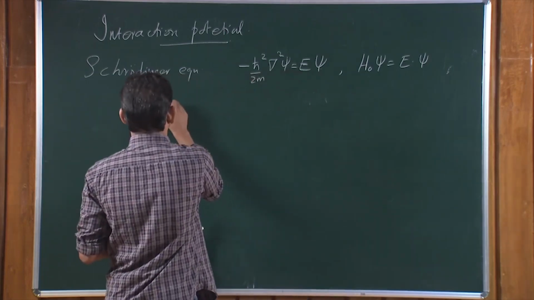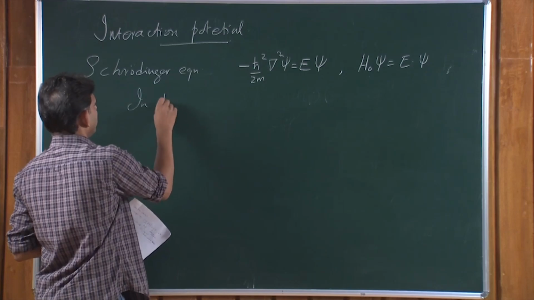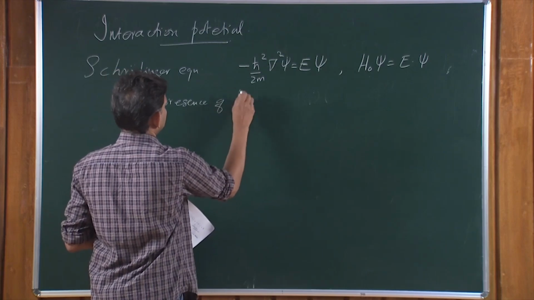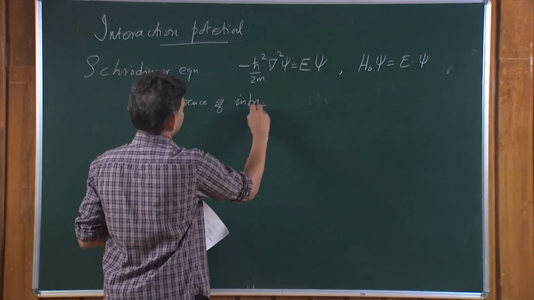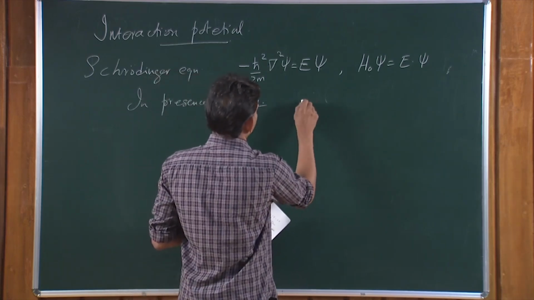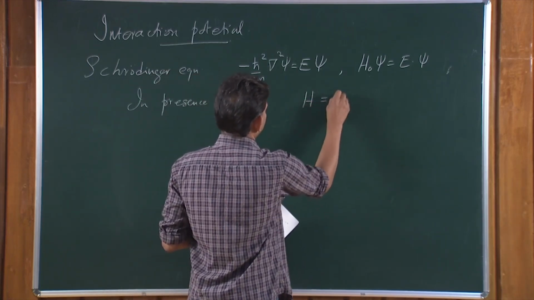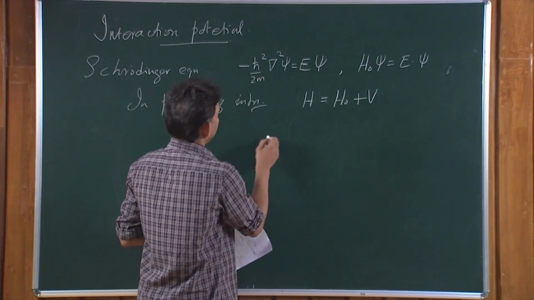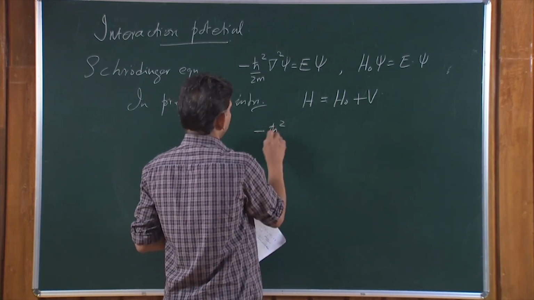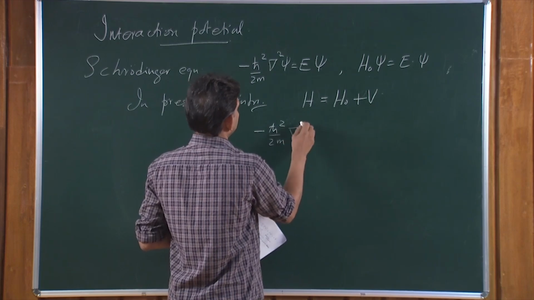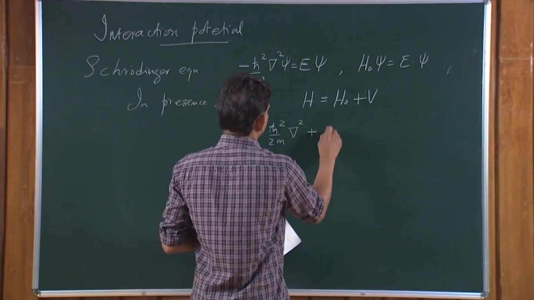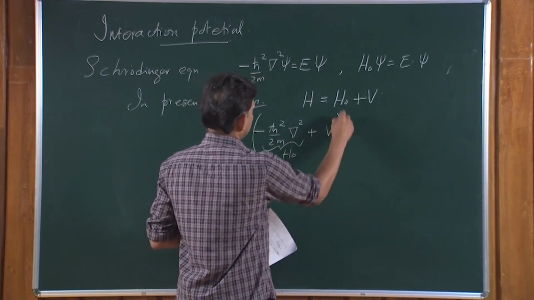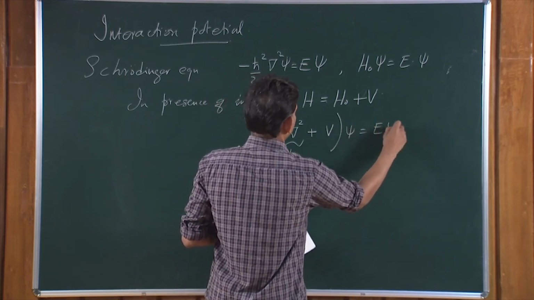Now, in the case of interaction with a potential V, we have the total Hamiltonian H equal to H naught plus V, and the equation is minus h cross square over 2m grad square plus the potential, which is essentially H naught plus V, equal to E psi.